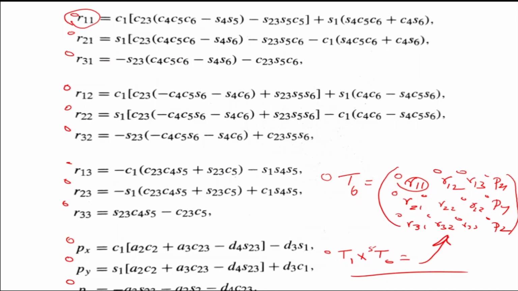Note very carefully here that if you were to multiply T0 to 1, T1 to 2, in that way, up to T5 to 6, and come up with T0 to 6, then what we'll get is this set of expressions, which show that all the terms have sine and cos, and there is no term which does not have sine and cos.